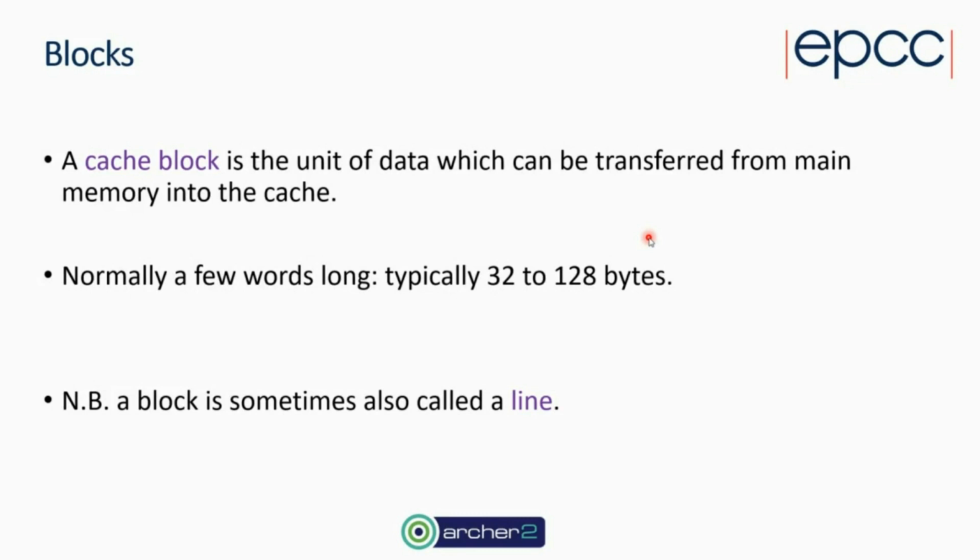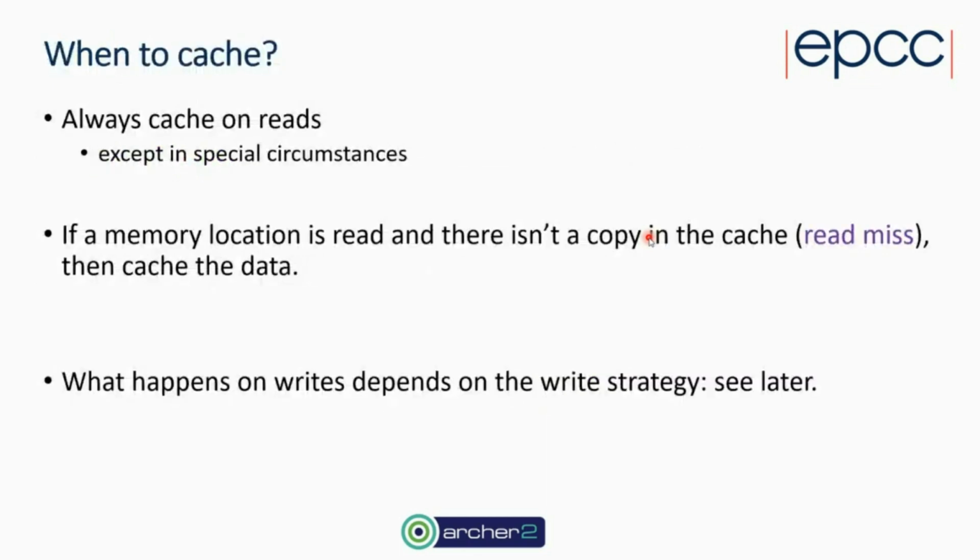We don't load and store individual bits of data on modern processors, such as a 32-bit or 64-bit integer or floating point number. We load cache lines or cache blocks, which are generally much larger than an individual piece of data, maybe between 32 and 128 bytes. So we're generally loading chunks of our data at once to use in a cache.